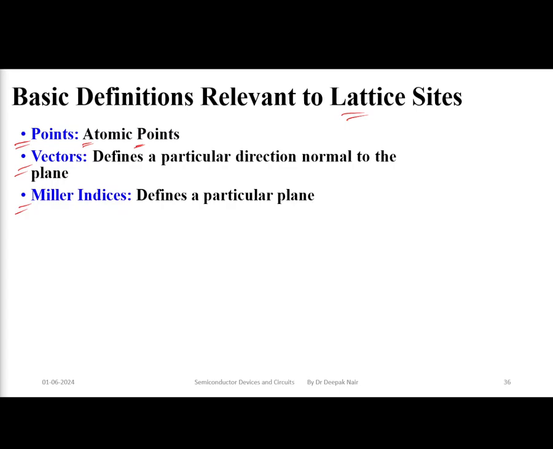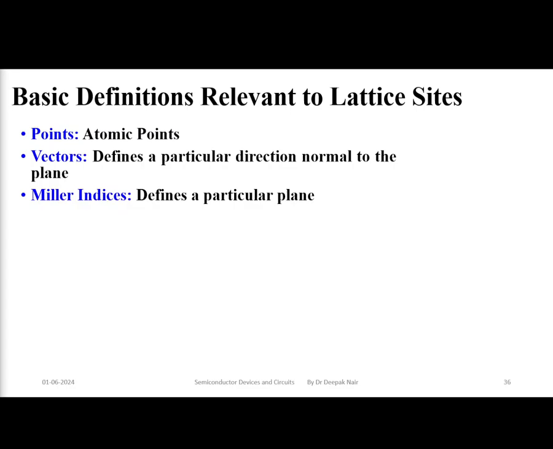Then vectors. Vectors are generally defined to have a particular direction which is normal to the plane of the lattice. So these are relevant in terms of direction. Third, the Miller indices, which are used to define a particular plane.